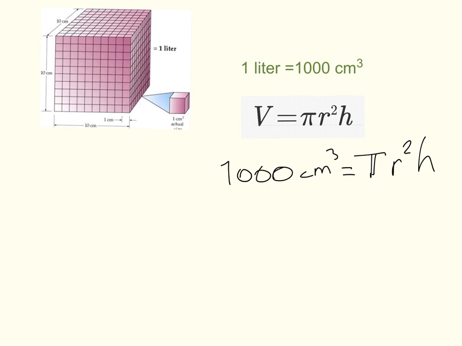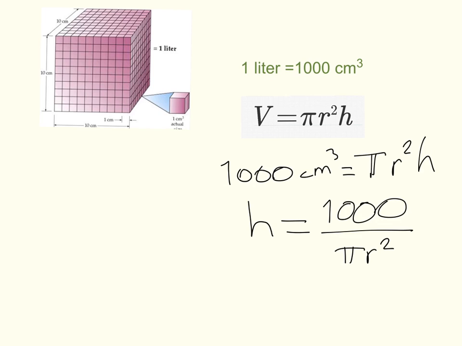So the total volume will be 1,000 cubic centimeters, and we're going to solve for h. So h is going to be 1,000 over pi times radius squared.